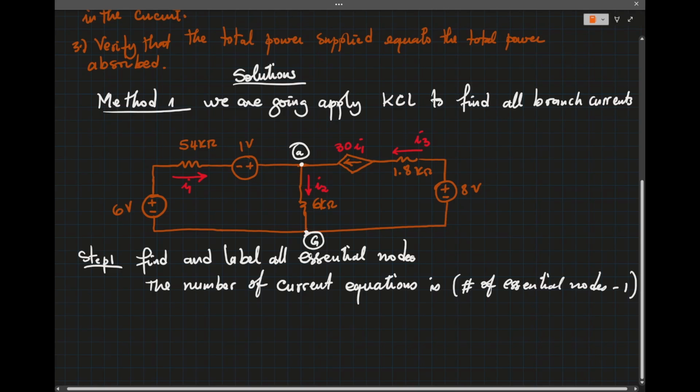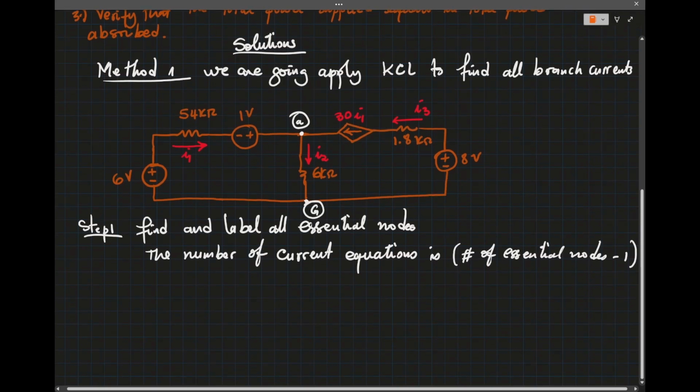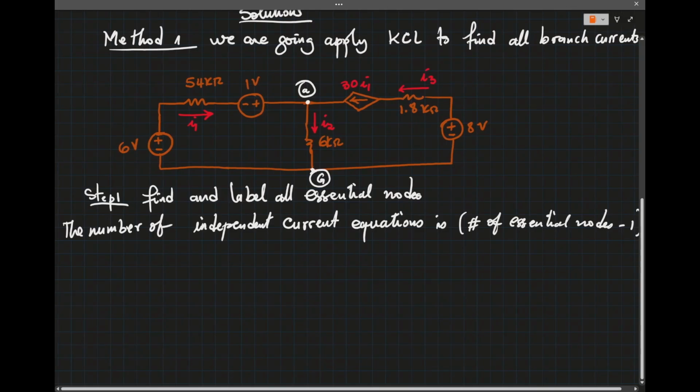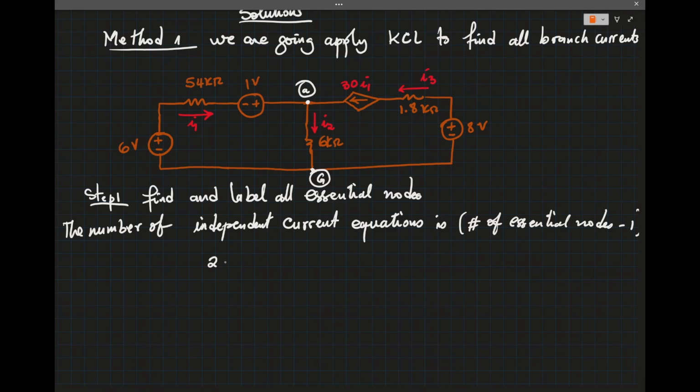Those are the number of branch equations that are independent. So the number of independent current equations is the number of essential nodes minus 1. That means we have 2 minus 1, which is 1 equation to write.